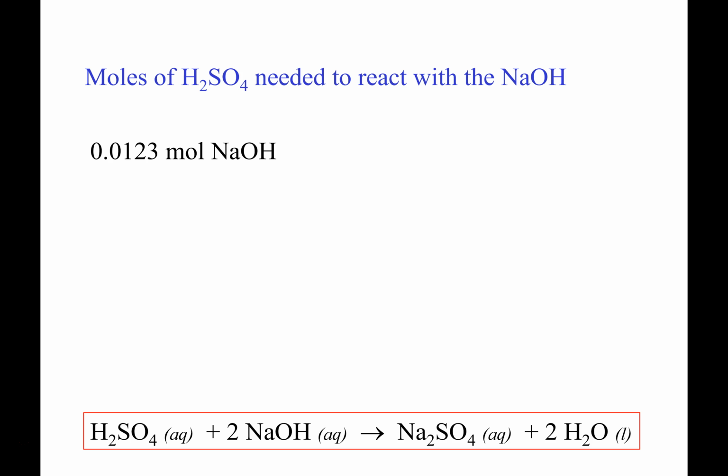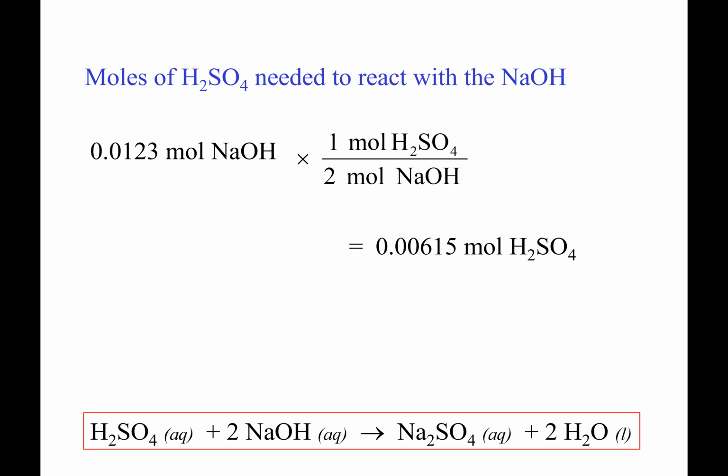Would it be 1 H2SO4 or 2? It would be, except don't forget to put the word mole. 1 mole, you got it, 1 mole H2SO4 over 2 moles of NaOH, coming from a stoichiometric ratio from the balanced equation. Perfect. 3 sig figs. So around 3 sig figs, you're looking at 0.00615 moles of H2SO4. That was step number 2.